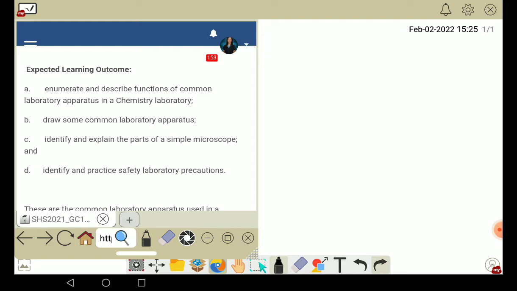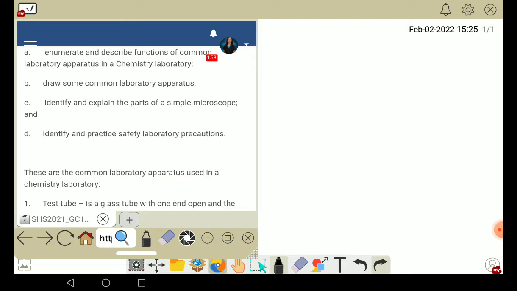Third is to identify and explain the parts of a simple microscope, because the microscope is one of the most important equipment that we could find in the chemistry laboratory. And lastly, identify and practice safety laboratory precautions.